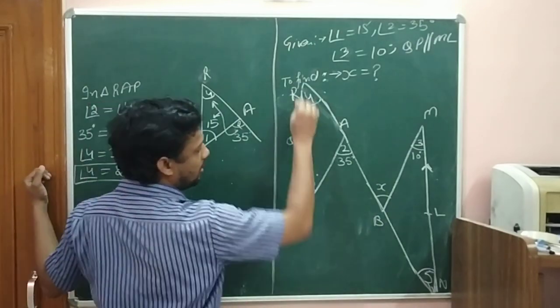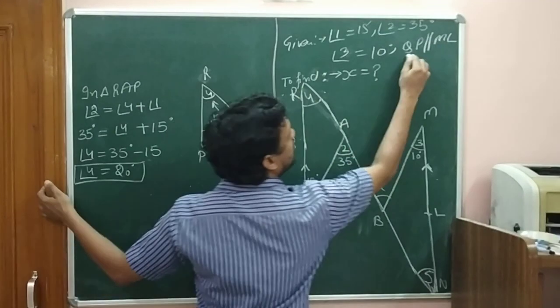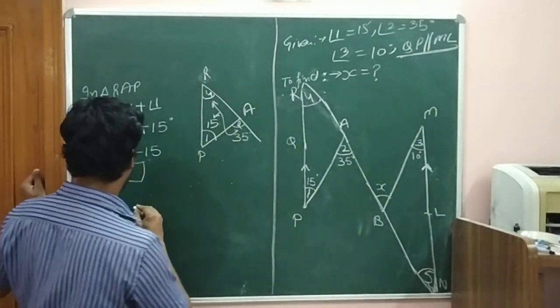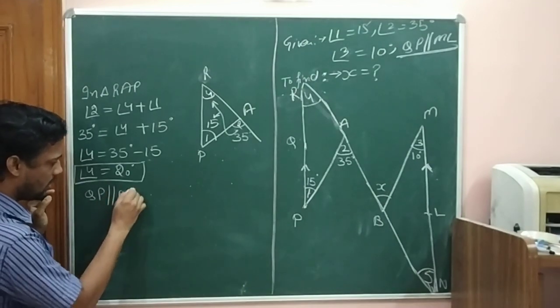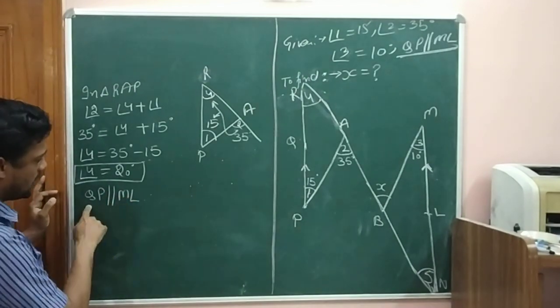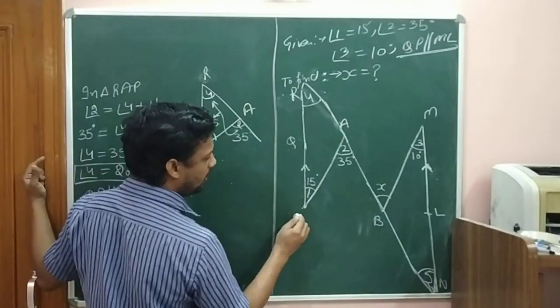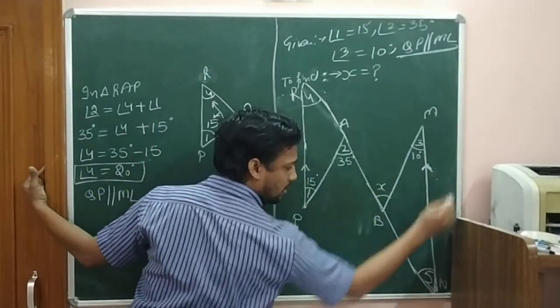Now, we know that the QP line is parallel to ML line. Therefore, RP line is also parallel to MN line.